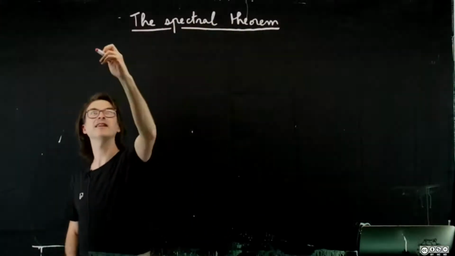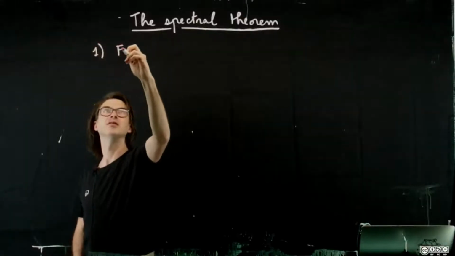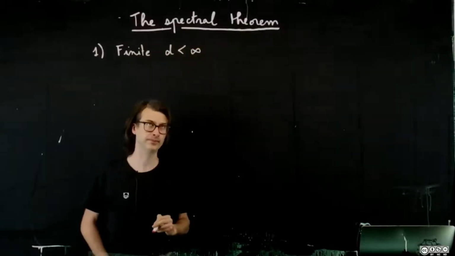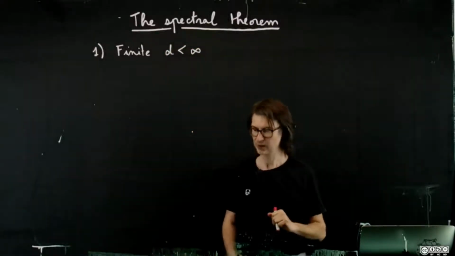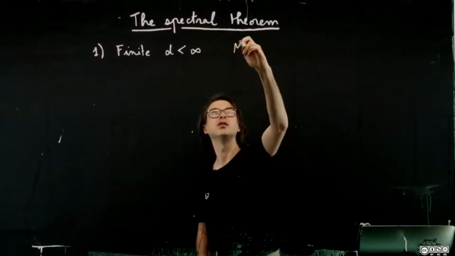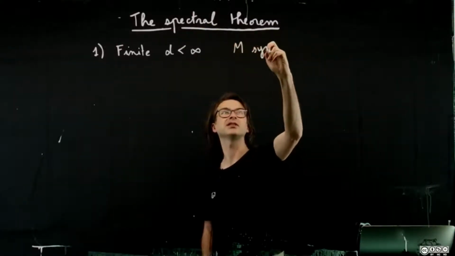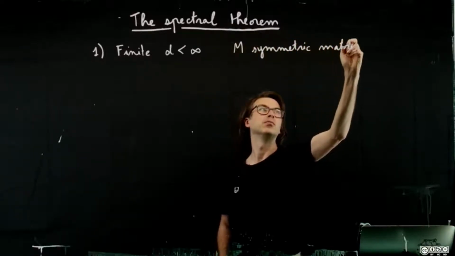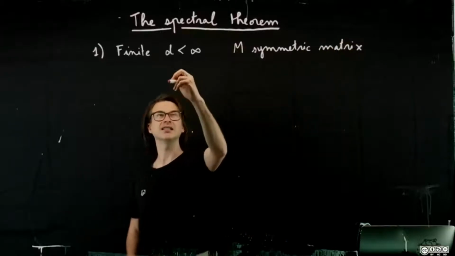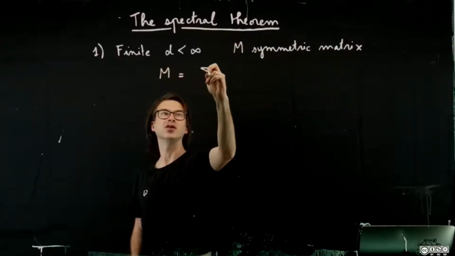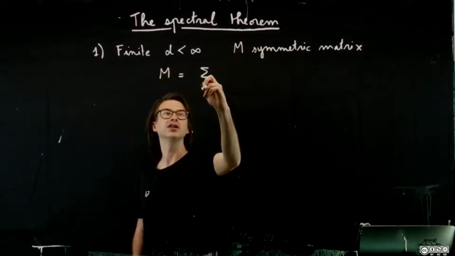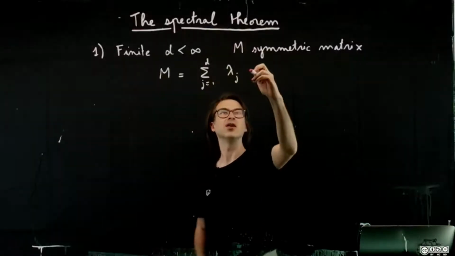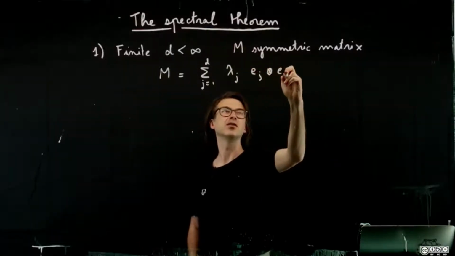Okay, so in finite dimension, if you take M, a real symmetric matrix, you can write M as the sum j equals 1 to d of lambda j ej cross ej.